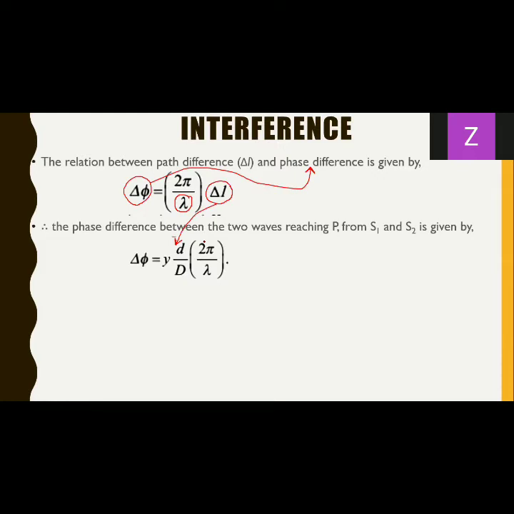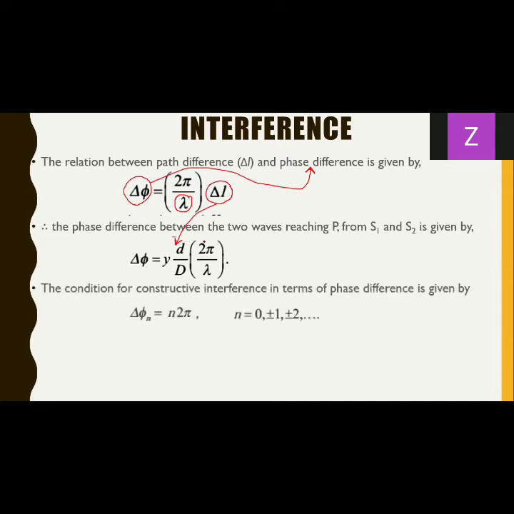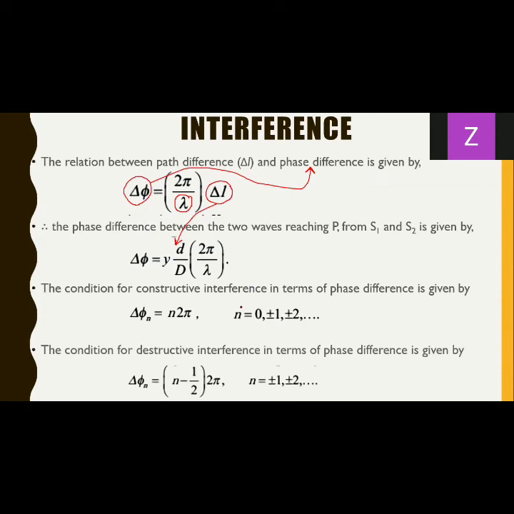Now, what is the condition for constructive interference? Phase difference ke liye. The condition for constructive interference is n into 2 pi, where n goes from 1, 2, 3, 4, and so on, both plus and minus. And for destructive interference, it is n minus half into 2 pi. Again, n goes from plus 1, plus 2, minus 1, minus 2, and so on.